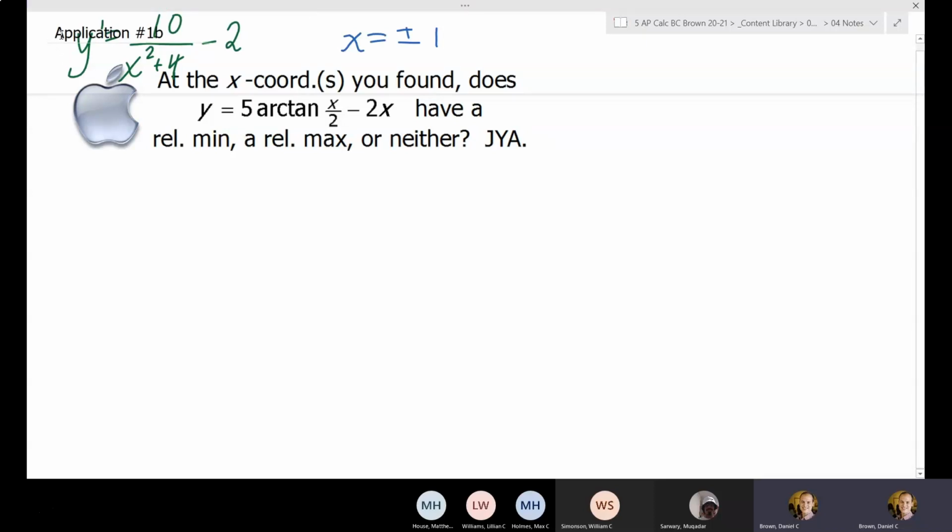I would recommend that for a sign chart, it is easiest when you have a single fraction. So I'd probably get a common denominator with that 2, so you can write it as a single fraction and then factor it, because right now, that -2 is going to throw off your sign chart. I would get a common denominator and kind of go from there.